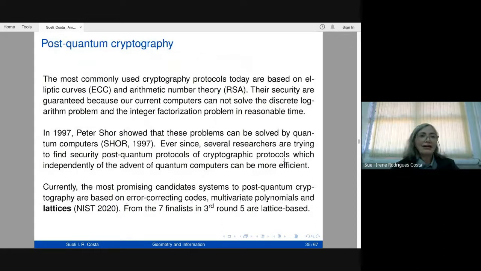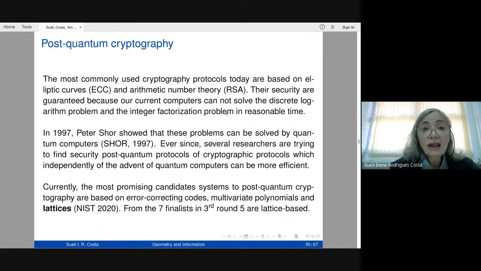Post-quantum cryptography, and this overview here, right? So the most commonly used cryptography protocols today are based either on elliptic curves or on the arithmetic of number theory, the so-called RSA, right?